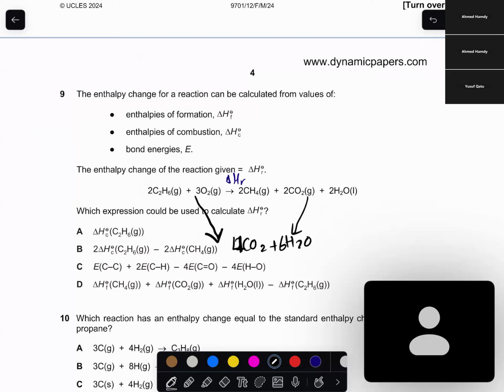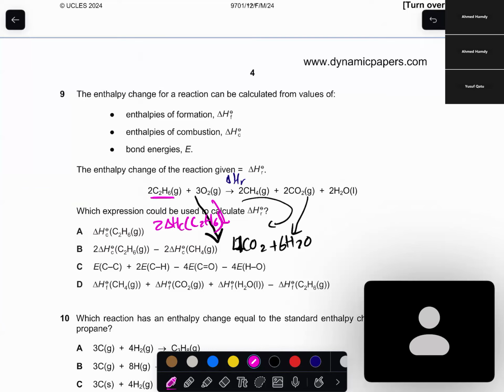So according to Hess's law, delta H of the reaction doesn't change whatever the route of the reaction. So this route is the same as this one. So here, delta H equals 2 times delta H combustion for C2H6.